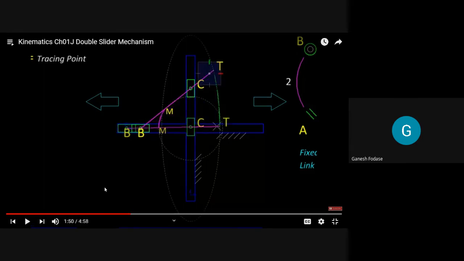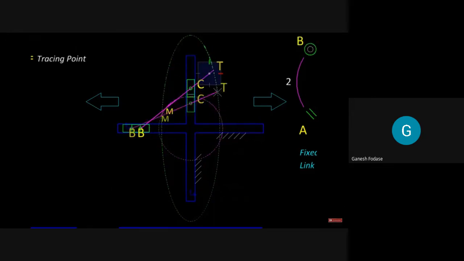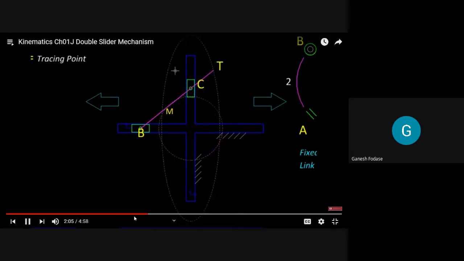Now see its animation, please. We are considering the motion of the T as well as the M point, or you can observe separately. Let's say first focus on the T point. So you'll observe it is tracing an ellipse while M is moving on a circular path. And the sliders are sliding inside the frame.